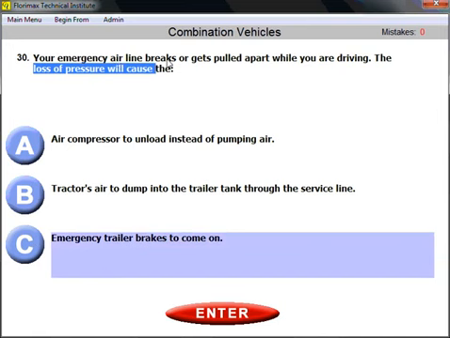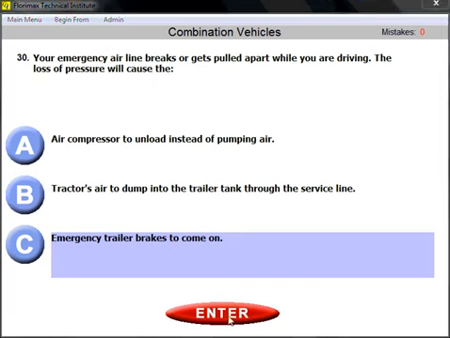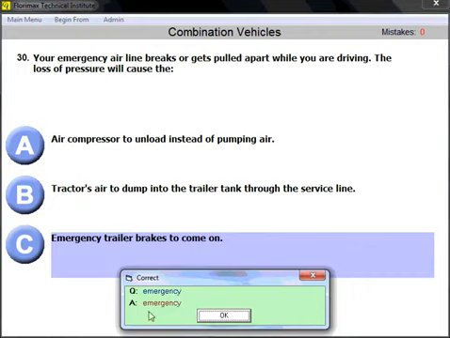It's called the emergency airline because it reacts to a serious emergency problem. So emergency trailer brakes come on.